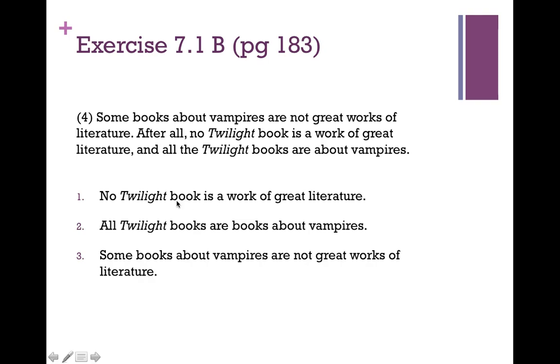And then what we want to do is figure out our mood, which is going to be no, or E, all, or A, are not, O. E, A, O. And then let's figure out our figure. Well, look, Twilight books, Twilight books. Now, this is going to be third figure. So our mood and figure, EAO, figure 3.